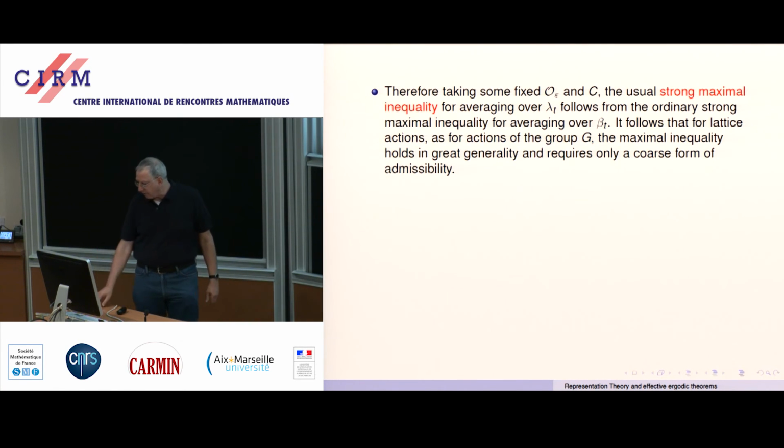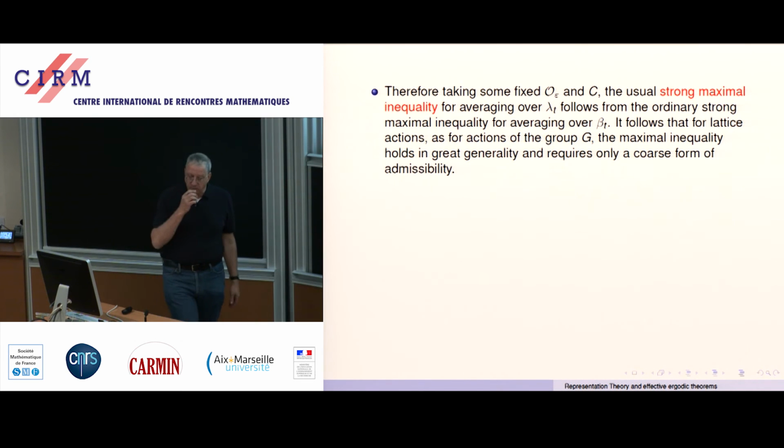So, for example, if we take some fixed O epsilon and some fixed constant C, the usual strong maximal inequality for averaging over lambda t follows from the ordinary strong maximal inequality for averaging over beta t. So it follows that for lattice actions, as for actions of the group G, the maximal inequality holds in great generality and requires only a coarse form of admissibility.